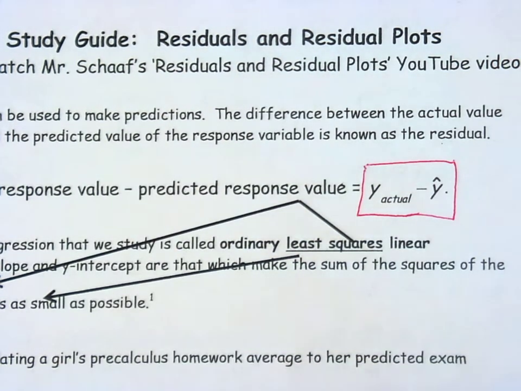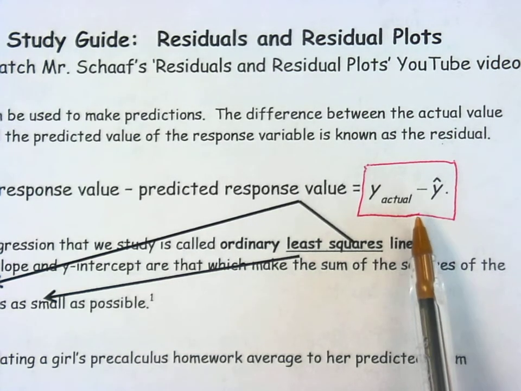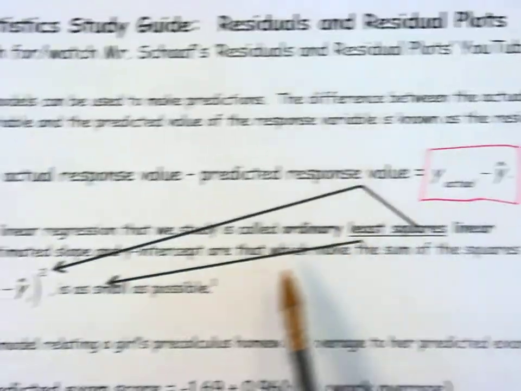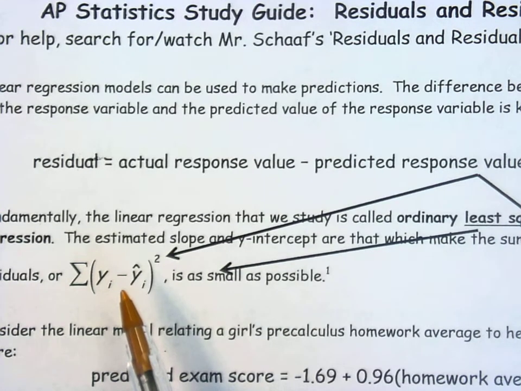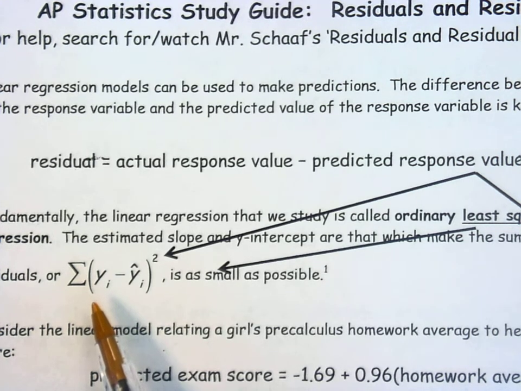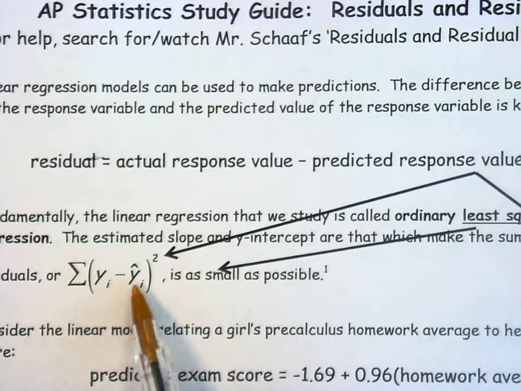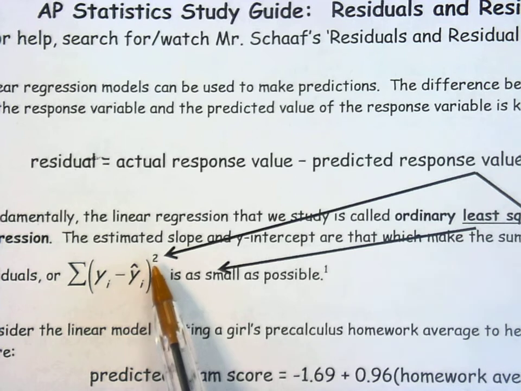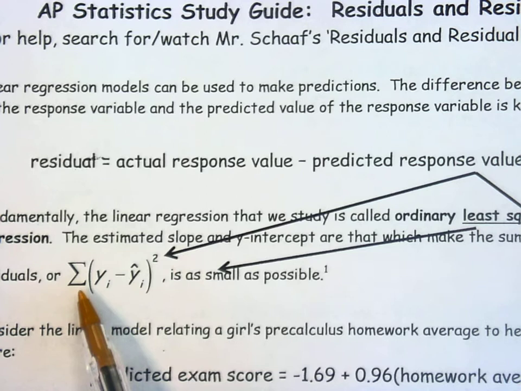So essentially, the residuals are what are used to create the estimated slope and the estimated y-intercept. For those of you that are interested, what really goes on when you create a linear regression is known as least squares linear regression. The reason it's least squares is that some residuals are positive, some are negative, so every residual is calculated and squared, so that you can add them without them canceling out.